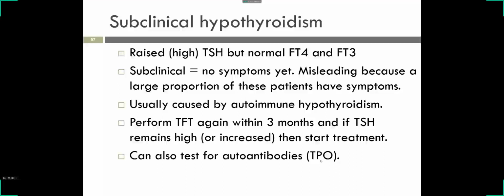And you would also then test for these autoantibodies, the TPO, and just make sure that the thyroid is not impeded. And what you're trying to do by treatment is to normalize the TSH levels. So the hope is you can provide some free T4, some thyroxine, and this will feed back and turn off the pituitary and lower the production of TSH.